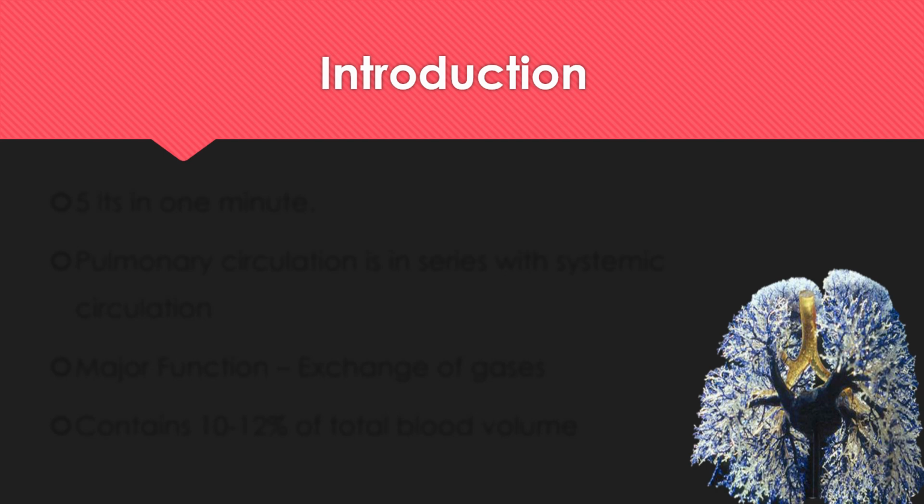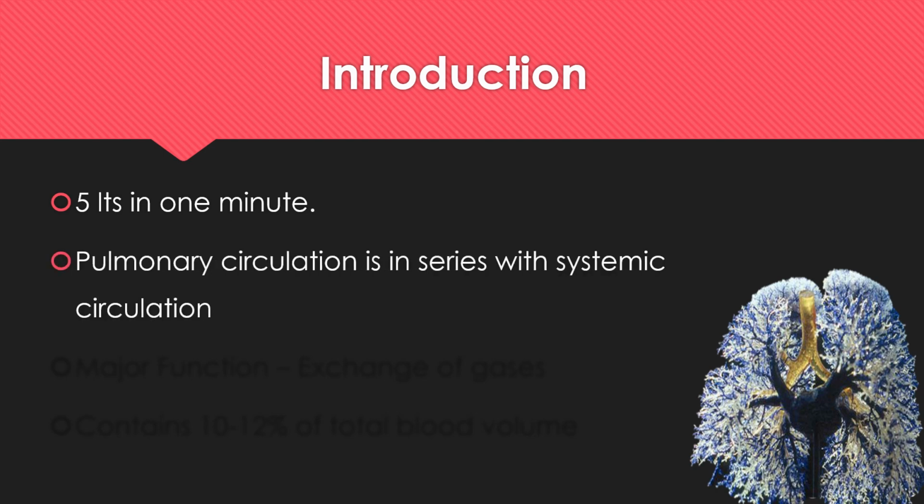So pulmonary circulation refers to the blood flow to the lungs. 5 liters of mixed venous blood flows through the lungs in just 1 minute. Pulmonary circulation is in series with the systemic circulation. We all know that.